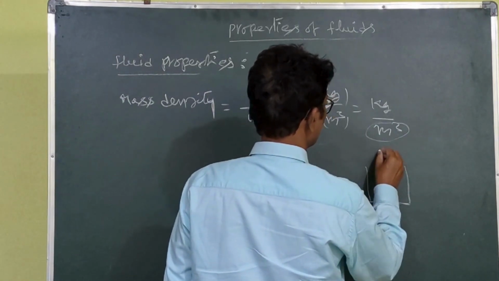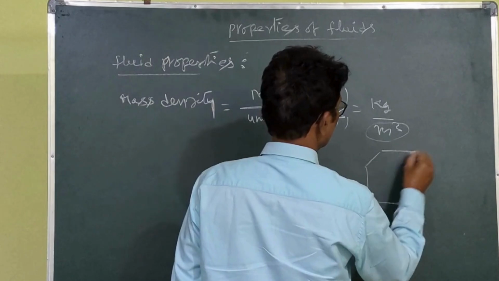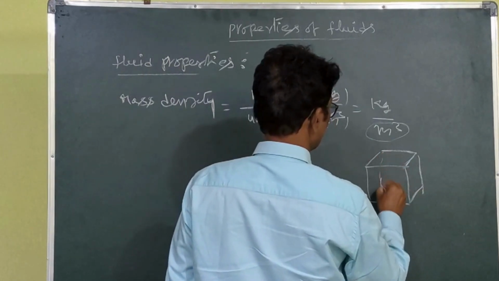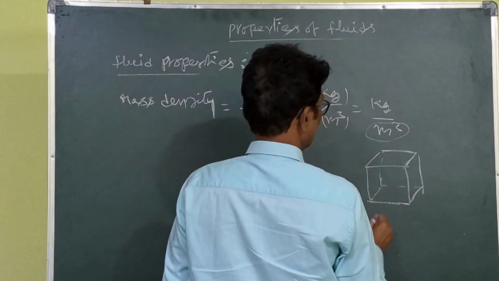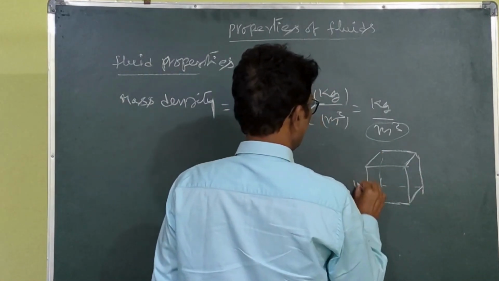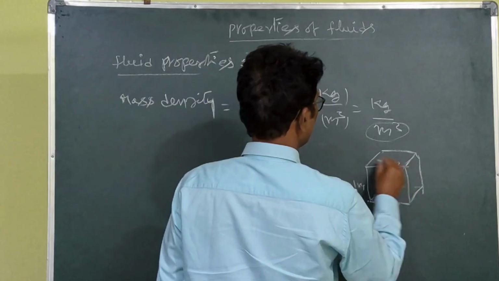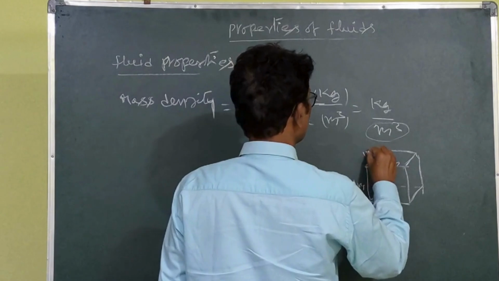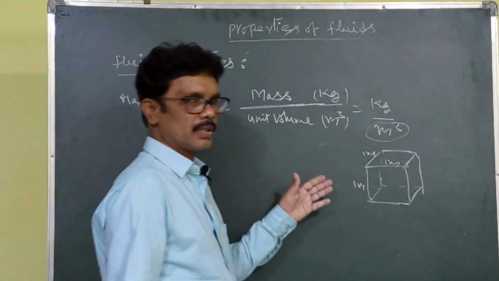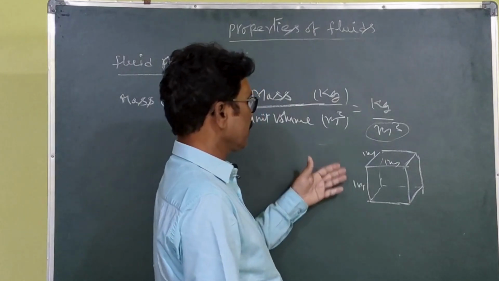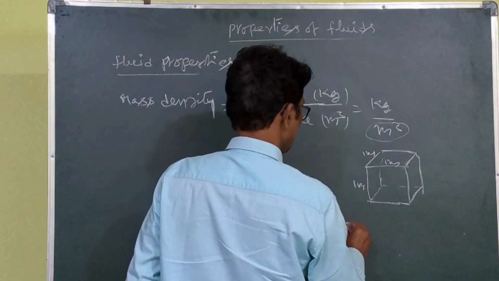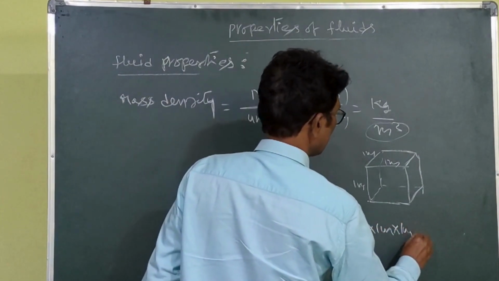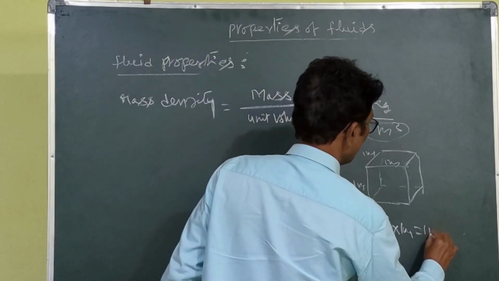Let us assume the length equal to 1 meter, width equal to 1 meter, depth equal to 1 meter. What is the volume of this container? Volume V equal to 1 meter into 1 meter into 1 meter. This is equal to 1 meter cube.